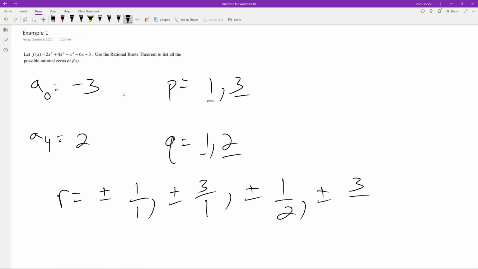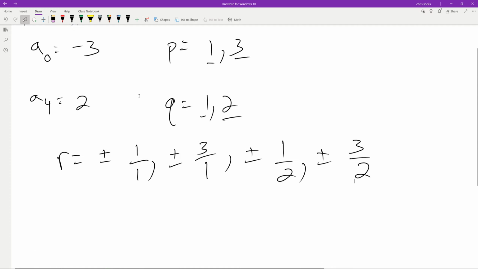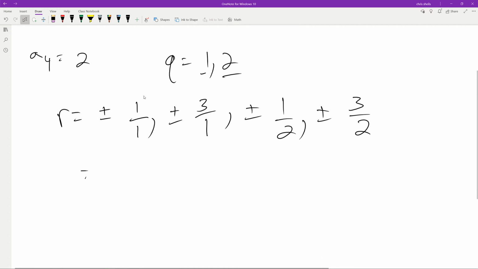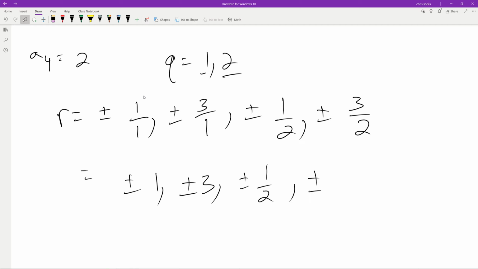This is all possibilities of p over q. This is all of my possible rational roots. And of course, notice that 1 divided by 1 is 1, and 3 divided by 1 is 3. So we can rewrite the list as this. These are all of the possible rational roots of this polynomial.